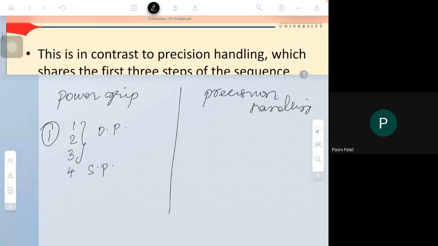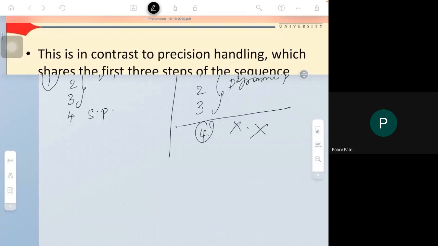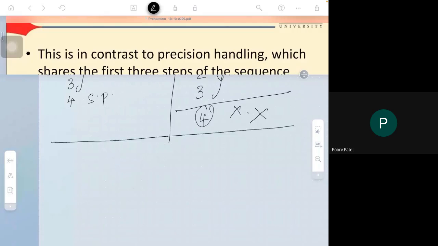But here, what we saw, it has only 1, 2, 3 sequence. That is the dynamic phase. There is no fourth sequence in precision handling. This is the first difference.